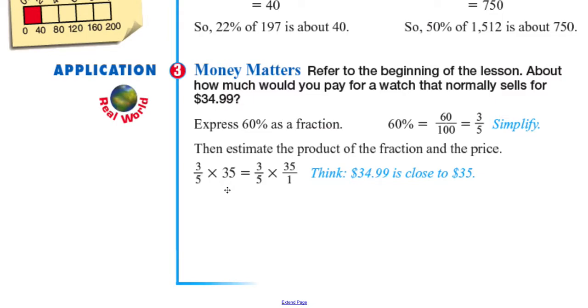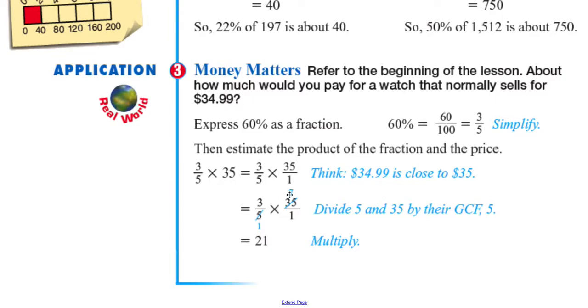Why 35? Because 34.99 is close to 35, and at the same time 5 and 35 are compatible numbers. So we simply cross cancel. The GCF of 5 and 35 is 5, so we divide both by 5. 5 divided by 5 is 1, 35 divided by 5 is 7, so you end up with 3 times 7 is 21, 1 times 1 is 1, that's 21 over 1, or simply 21.